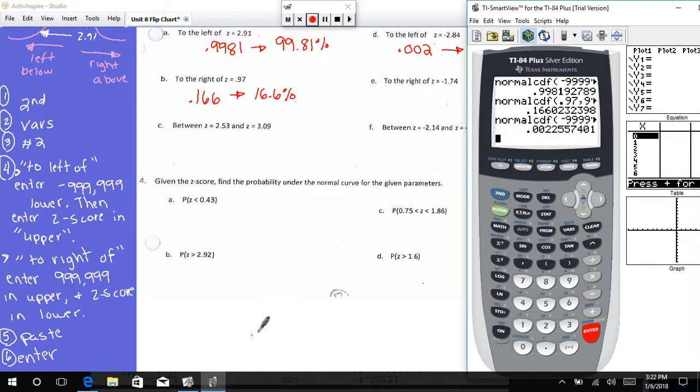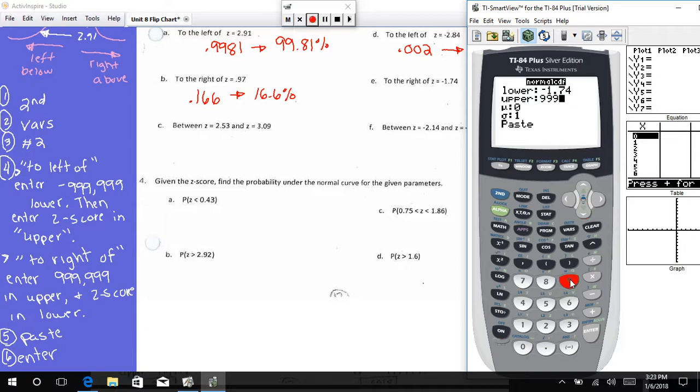Okay, another to the right of, second bars, normal. To the right of, over here on your notes, you enter that big number into the upper and your z-score into the lower. So I have negative 1.74 as my low, and my upper is unknown.